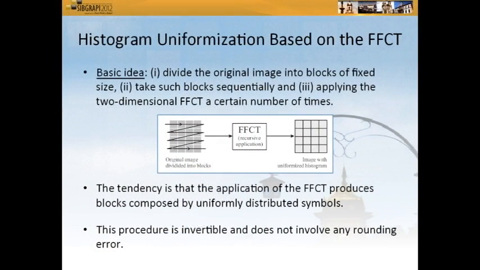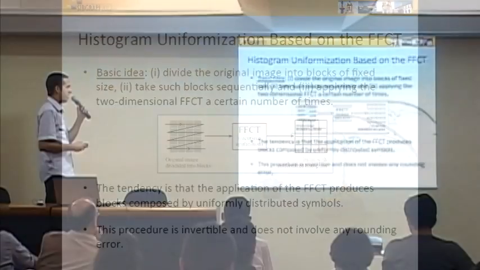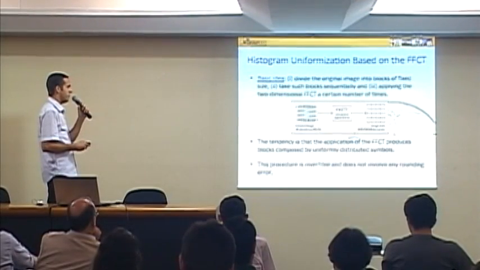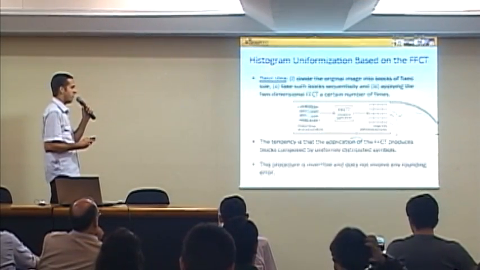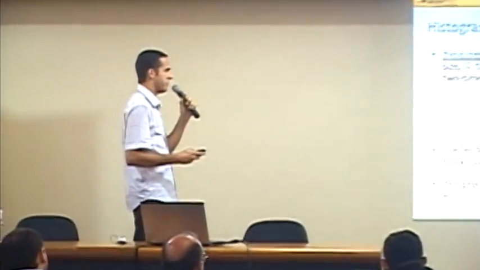So here is the basic idea of our method. The method is very simple. In order to uniformize the histogram of an image based on the FFCT, we just have to divide the original image into blocks of fixed size and take such blocks in a systematic sequence.